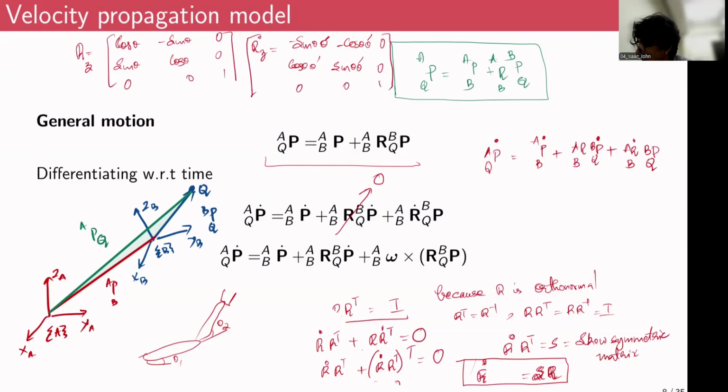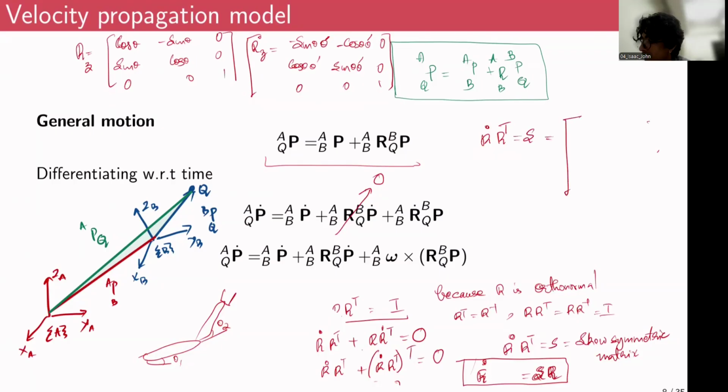And if you multiply the same R dot and R transpose, because this would be your R dot, and if you take the transpose of this rotation matrix and multiply this out, you will get a skew symmetric matrix.